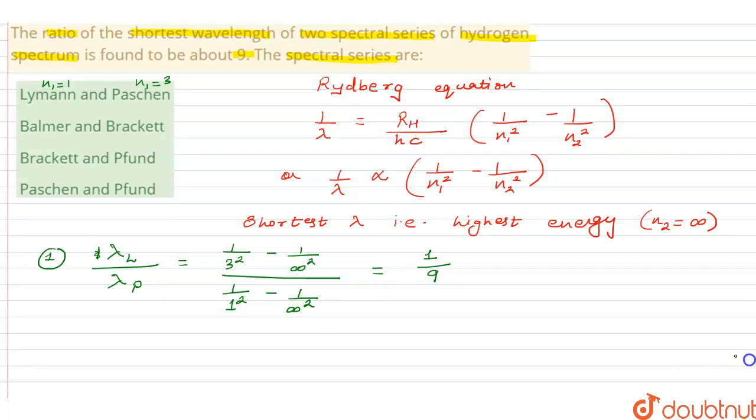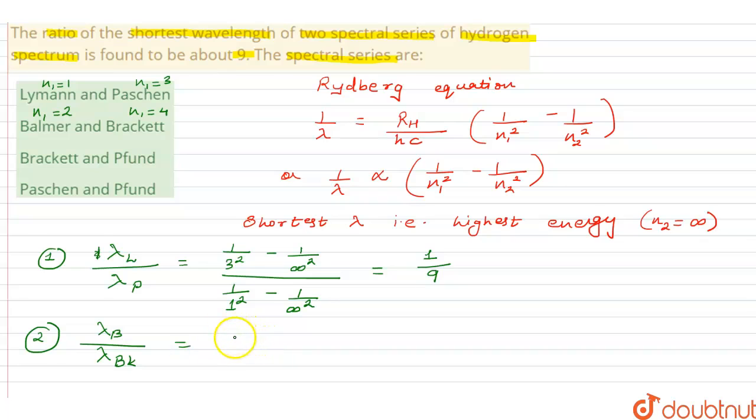Now what next? Next is your Balmer and Brackett series. For Balmer, n1 is going to be equal to 2 and for Brackett, n1 will be equal to 4. So we are going to abbreviate Balmer as B and Brackett as BK. Accordingly we solve.